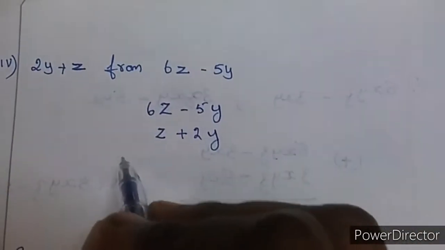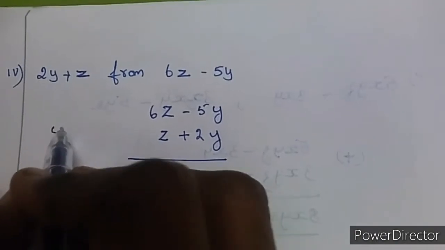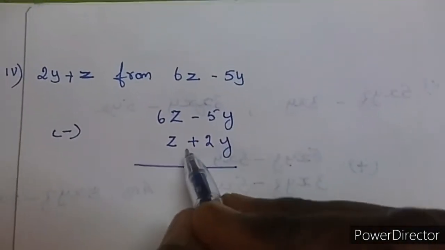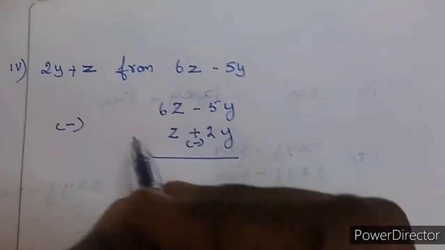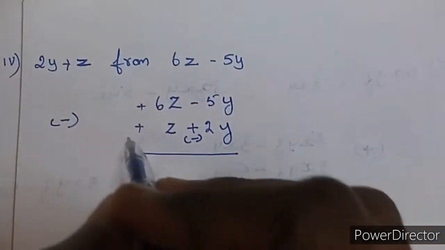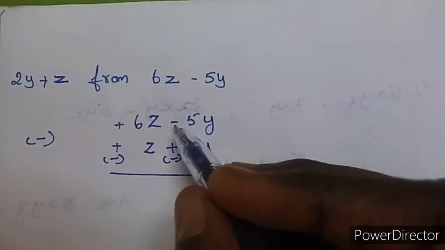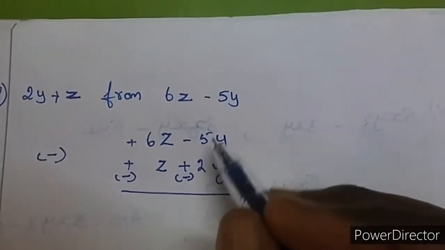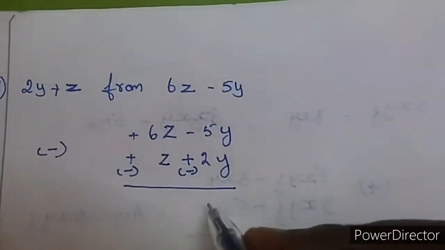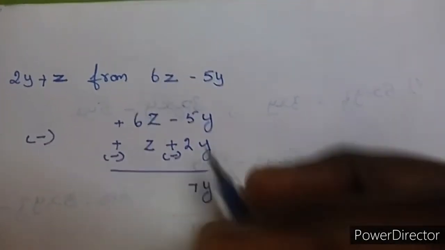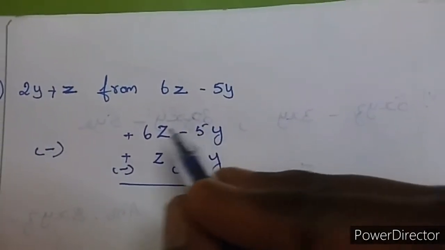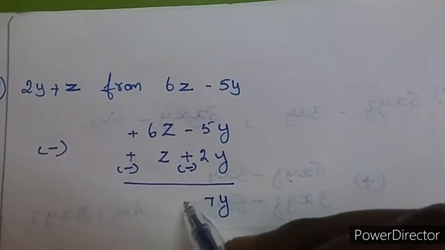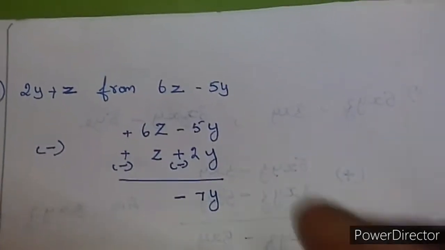Arrange the like terms. Here we are going to subtract, so we have to change the sign for the second expression. Now minus into minus, you have to add these two numbers. 5 plus 2, 7y. Which number is greater? 5. Sign for that is minus. You have to write the minus sign here.